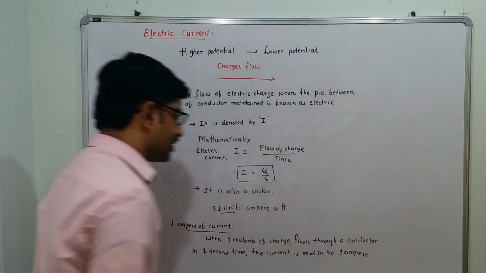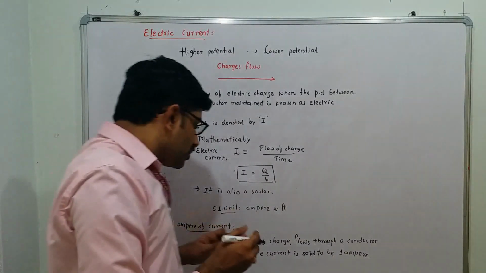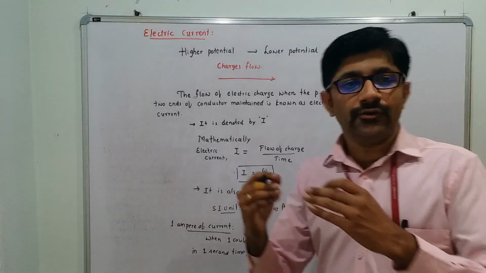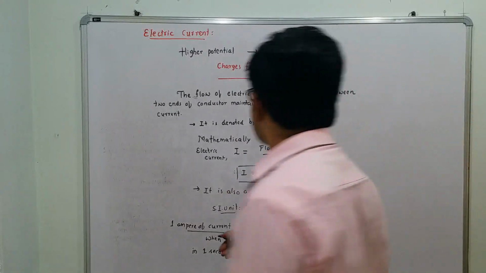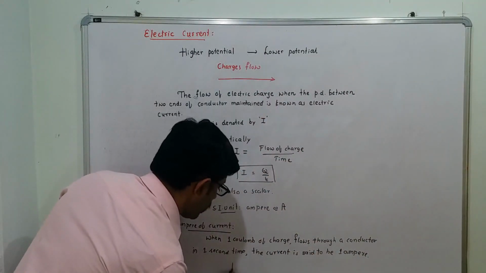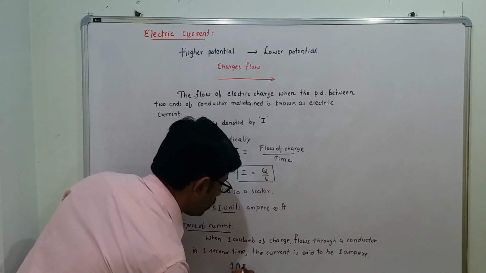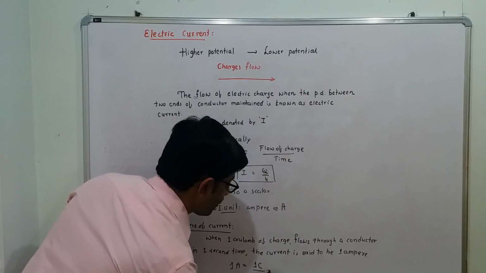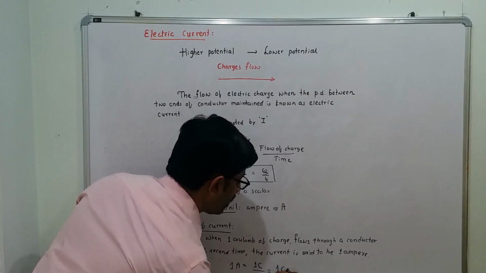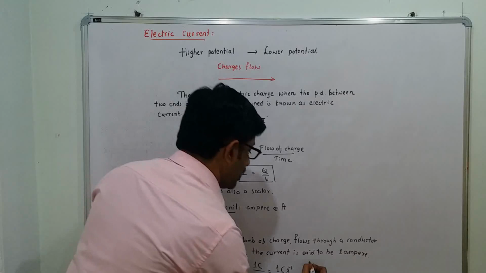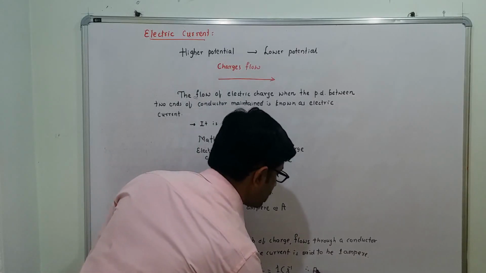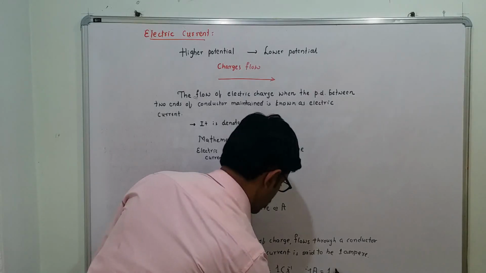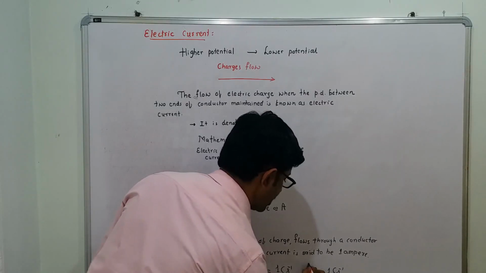Therefore, 1 ampere is equal to 1 coulomb divided by 1 second, that is, 1 coulomb per second.